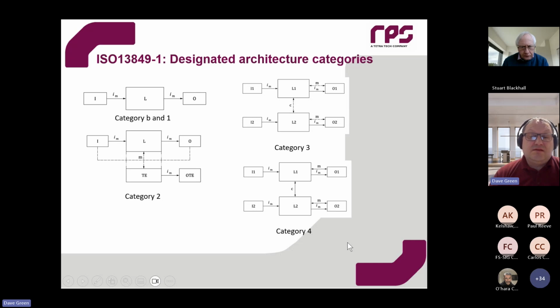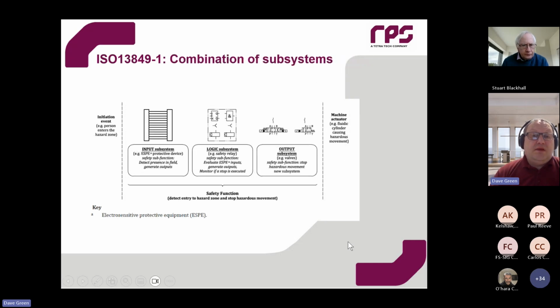So they're exactly the same as they were before. It's also implementing the combination of subsystems, a similar concept to what we saw in 62061, an input subsystem, logic subsystem, output subsystem. Again, we would be looking at architecture and systematics per subsystem, and then our reliability and PFH across the whole safety function.